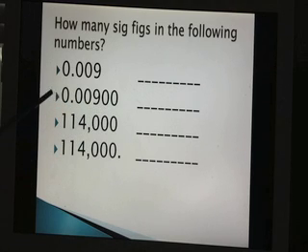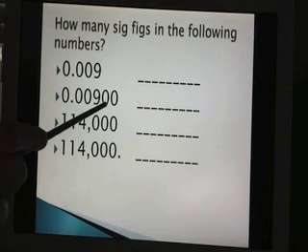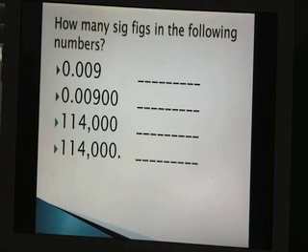So this number, 0.00900, has 3 significant figures. So you should write that down. Again, not significant, not significant, not significant. We start counting: significant, significant, significant. These trailing zeros are significant because there's a decimal and they are after that decimal place, after a digit.